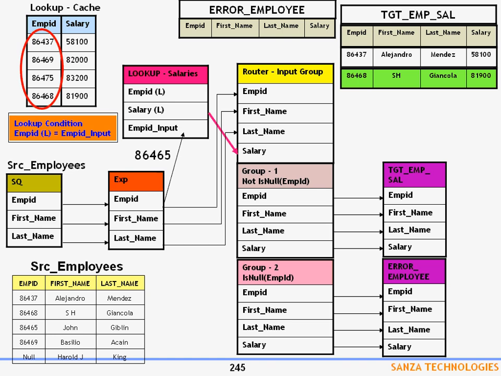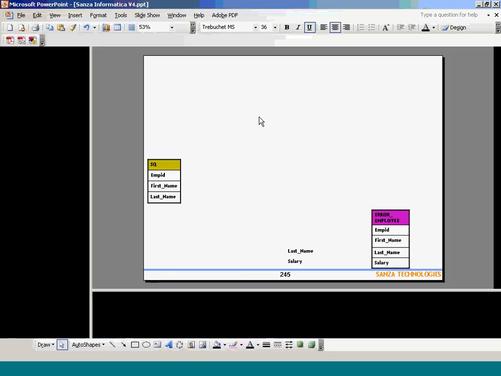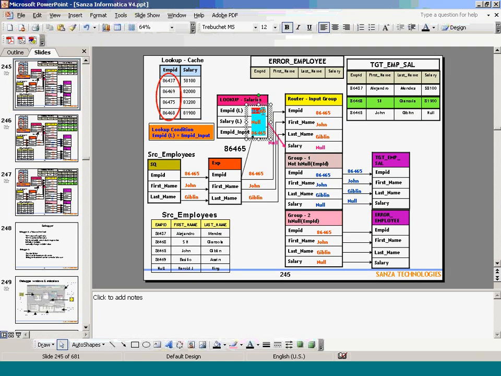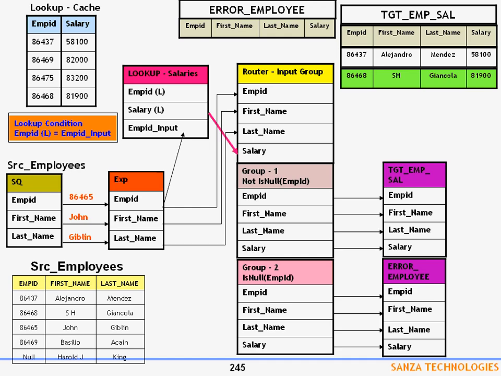So for that employee ID, 86465 scans the data, and 86465 does not exist, so it will return a null value. And salary also has a null value because the condition failed, the record does not exist.